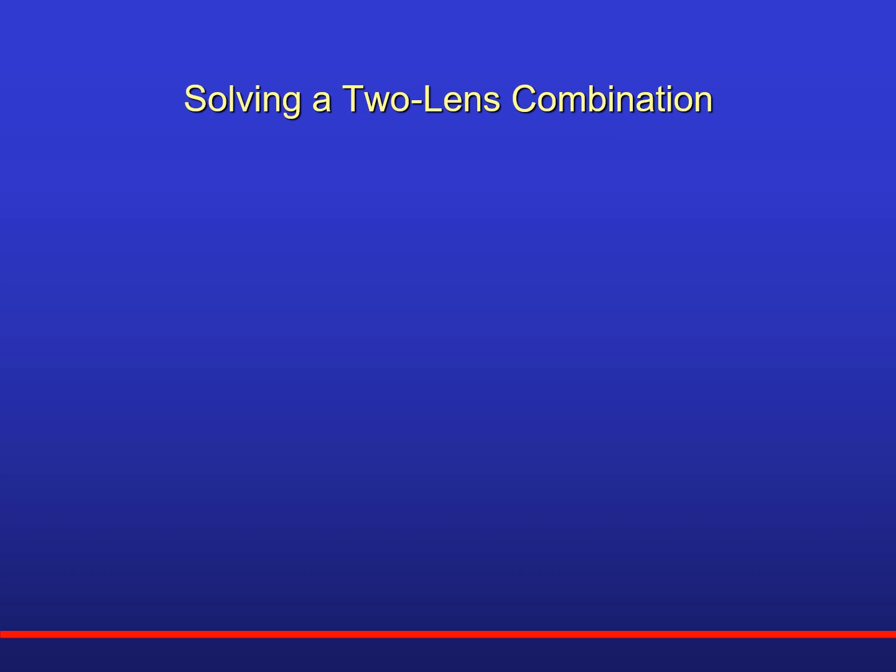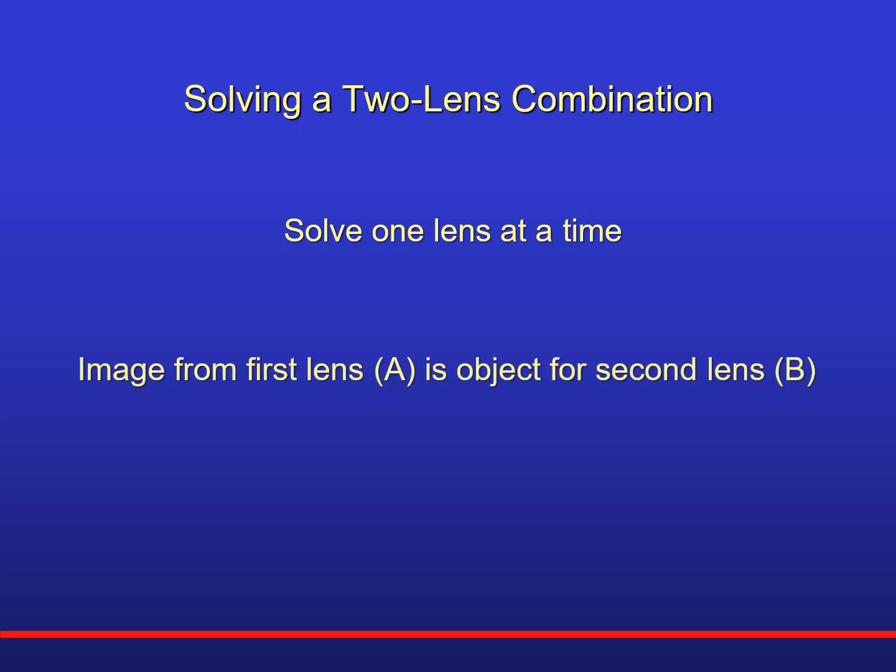How do we solve the two lens problem? We'll come back to this when we do vision correction. But for now, let's go over the rules for how we do this. The first rule, you don't lump the lenses together. You solve one lens at a time. The second rule, the image from the first lens, we're going to call the first lens A, capital A, becomes the object for the second lens.